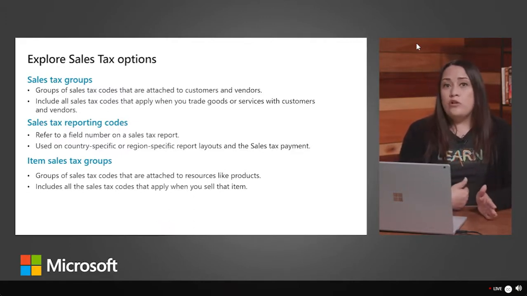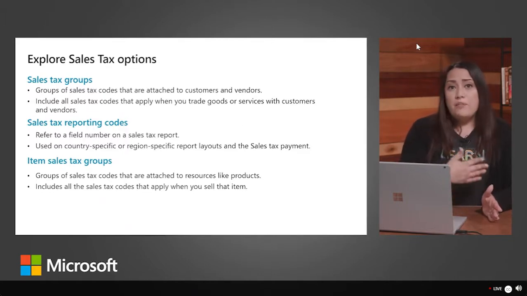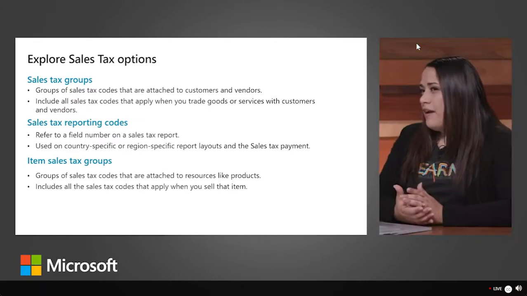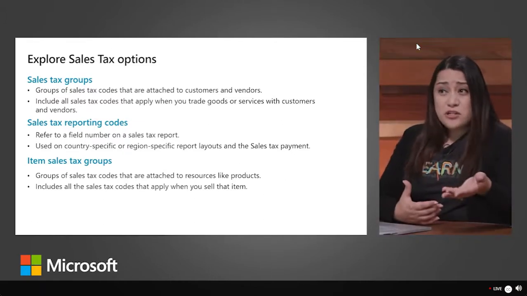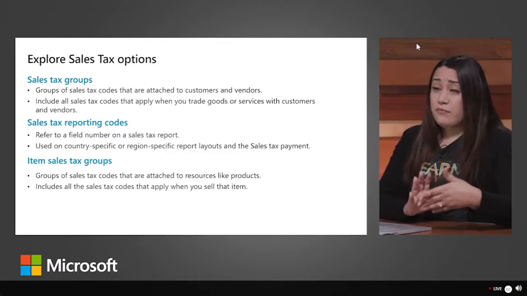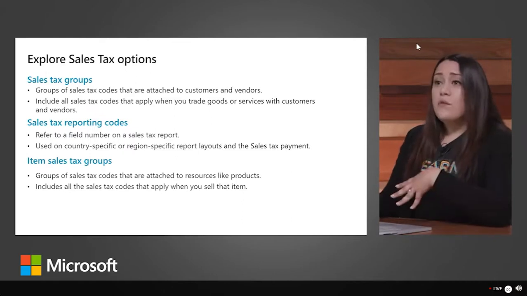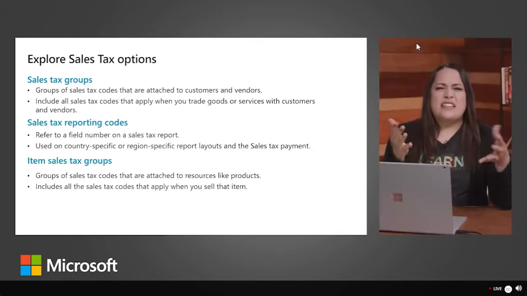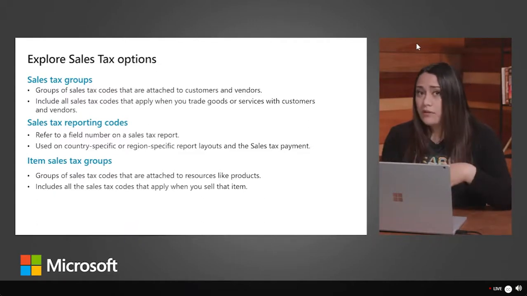And this is going to include all sales tax codes that apply when you trade goods or services with your customers or vendors. Since the type of item that you are selling usually determines the type of taxes, you're going to need a way to calculate them for each item. So that's why we have something called item sales tax groups. And think of these as groups of sales tax codes that are attached to the resource, like a product.